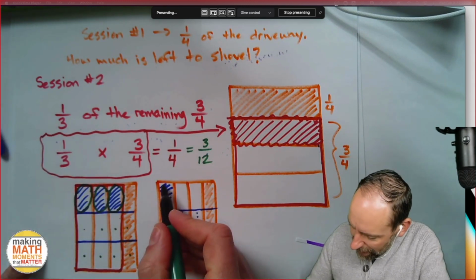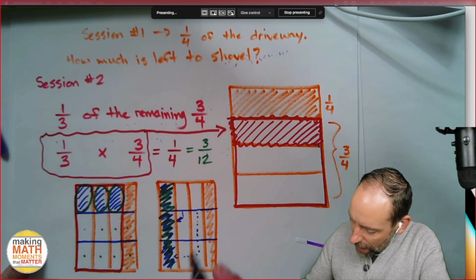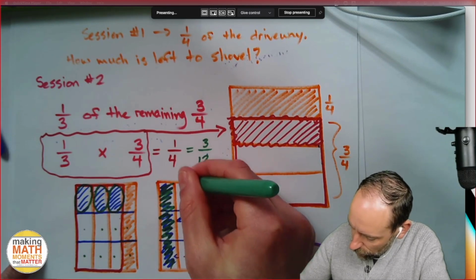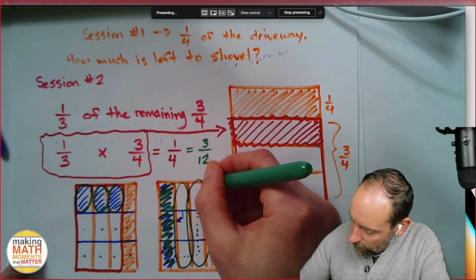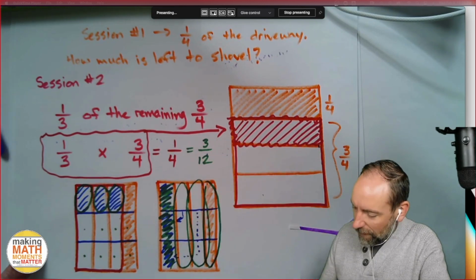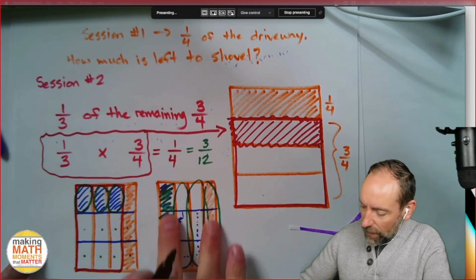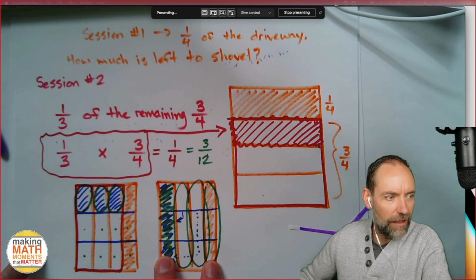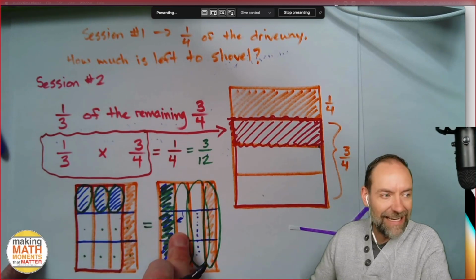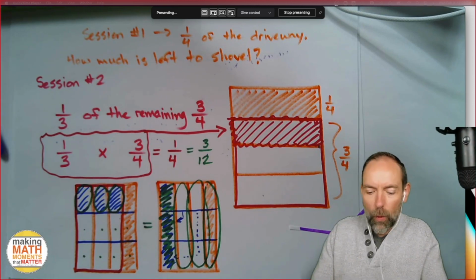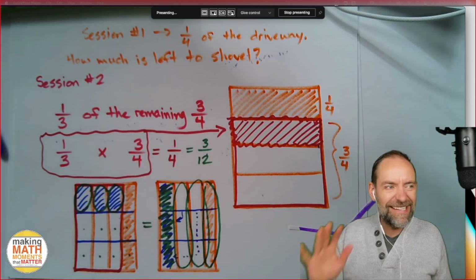I could say, wait a second, this is 1 out of 2, 3, 4. Holy smokes. And we still see this half was shoveled of the entire driveway. So this is the same as that. It looks different, but the amount of the driveway that has been uncovered is exactly the same.